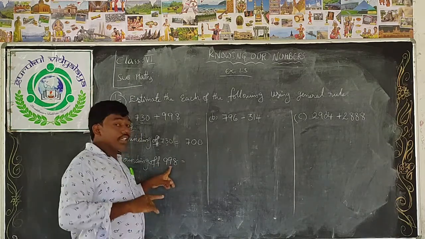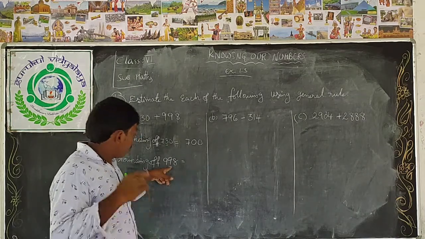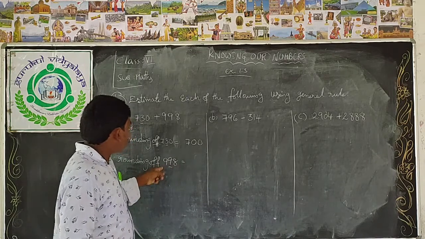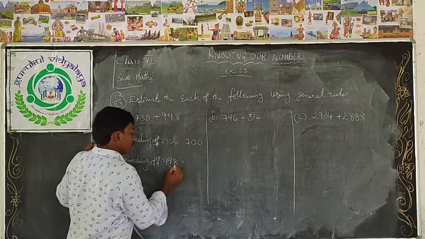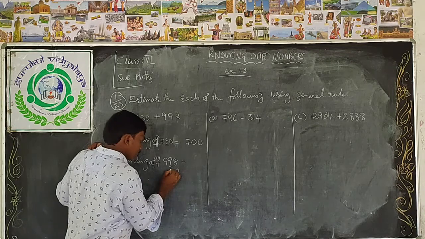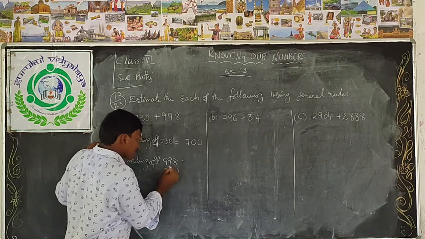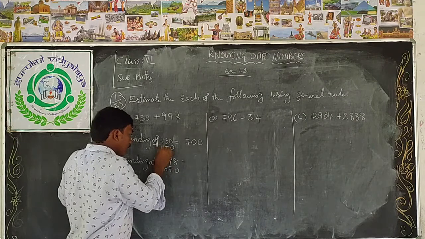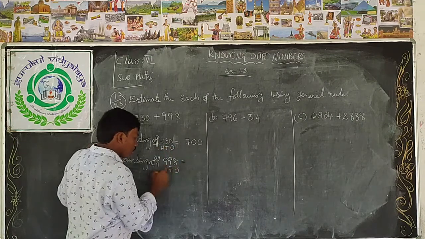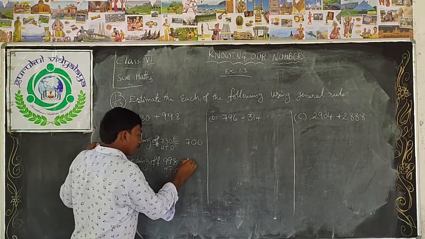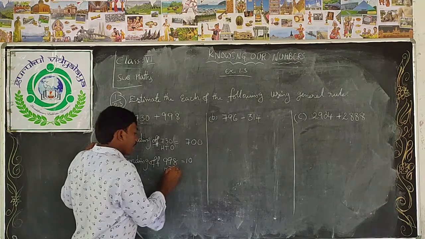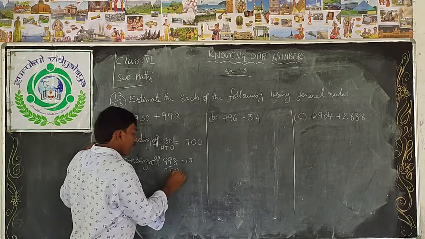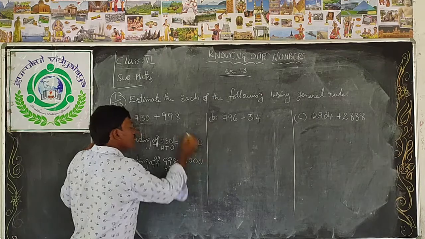The tens place value is more than 5, so we add 1 to the hundreds place value. This is ones, this is tens, this is hundreds. Add 1 to the hundreds place value: 9 plus 1 is 10. The remaining tens place and ones place will be 0.